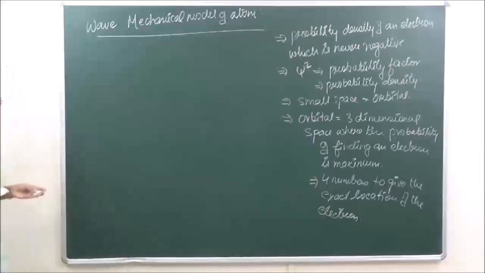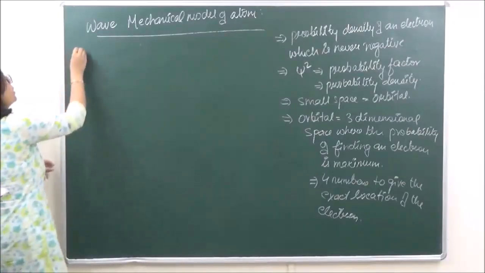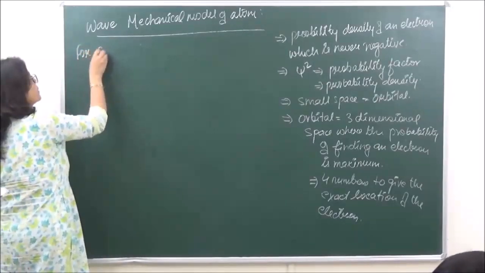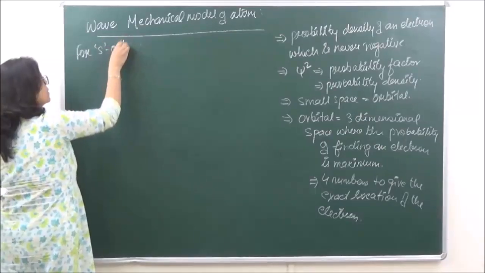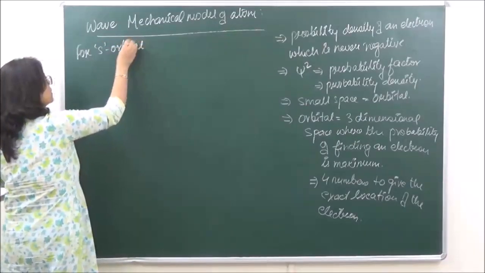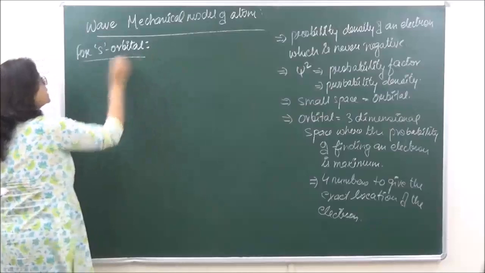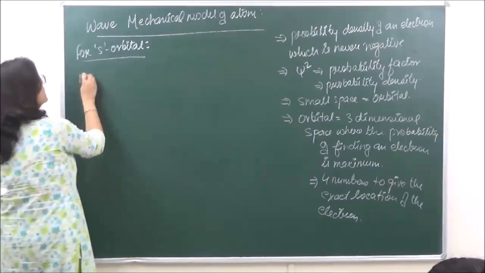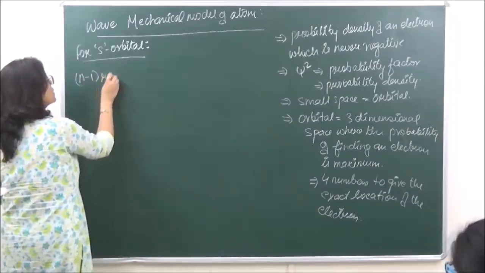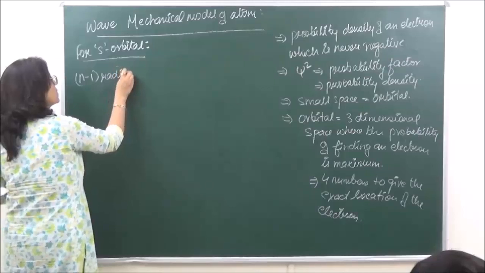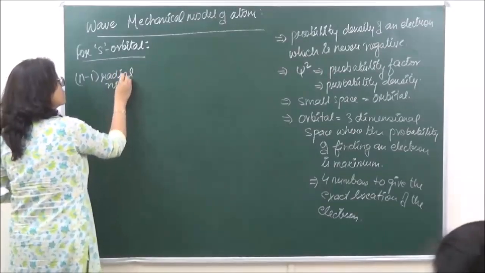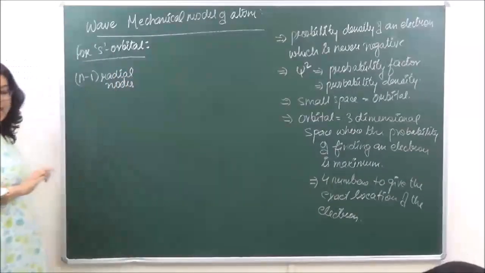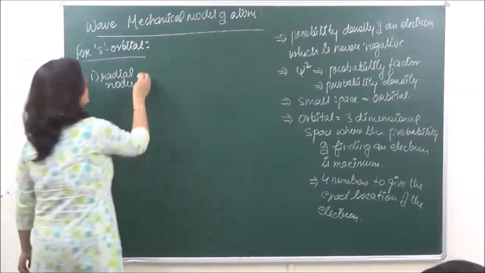So let's calculate the number of nodes for the S orbital. For the S orbital, there are n minus 1 radial nodes, and there are no angular nodes.